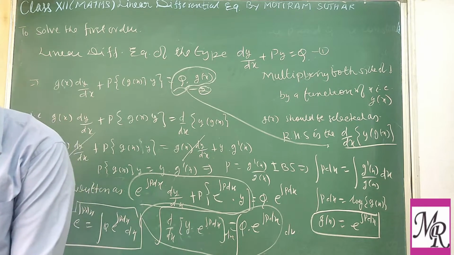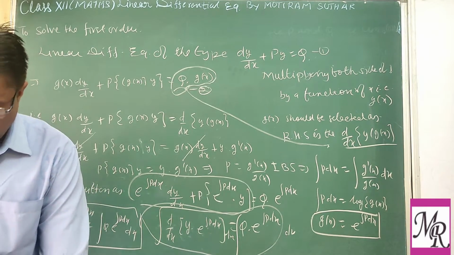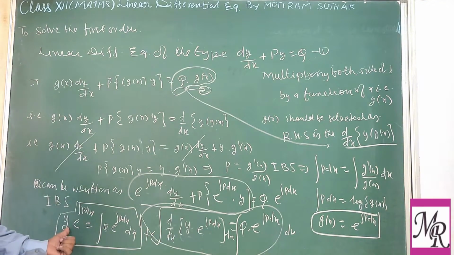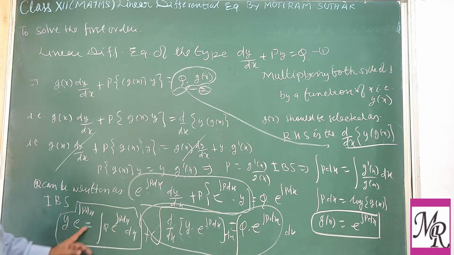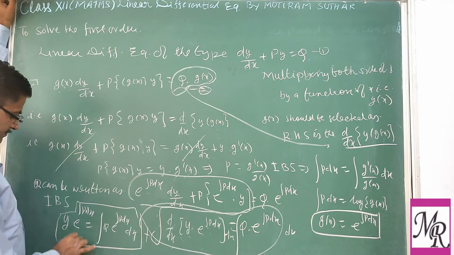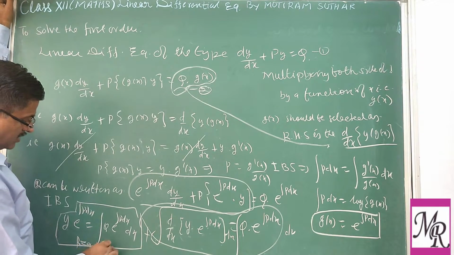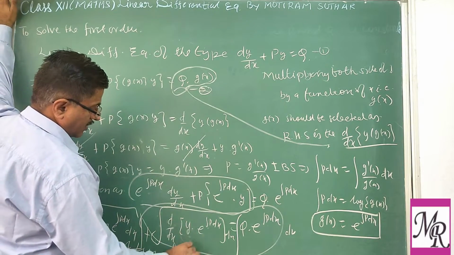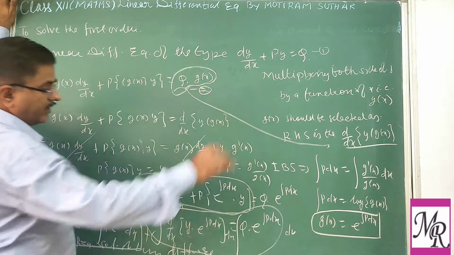It is the solution of the linear equation. So you can write y, with the derivative removed, y into something equal to this. So this is the required solution of the linear differential equation.